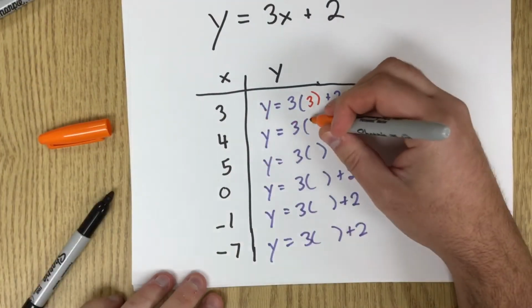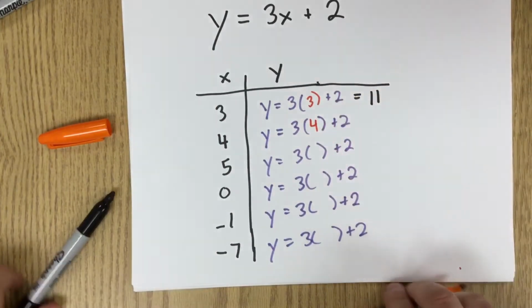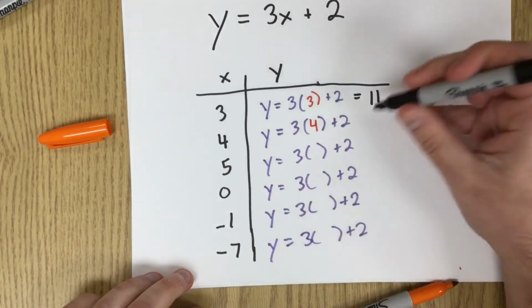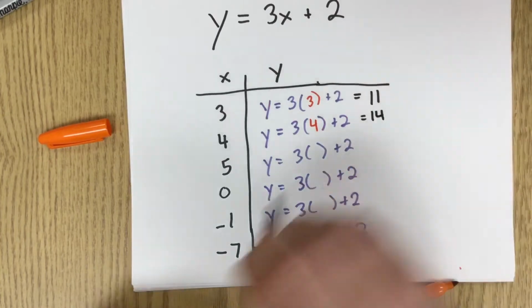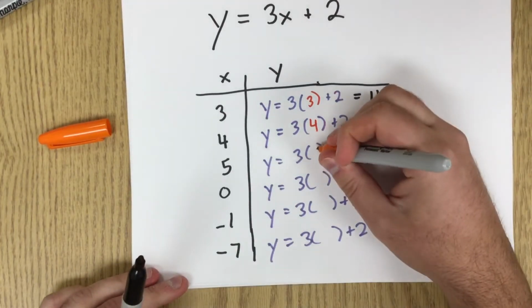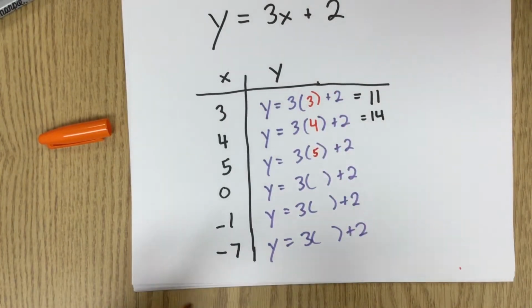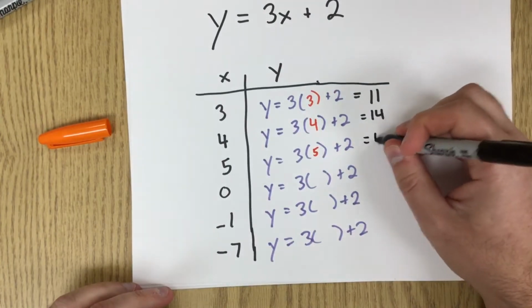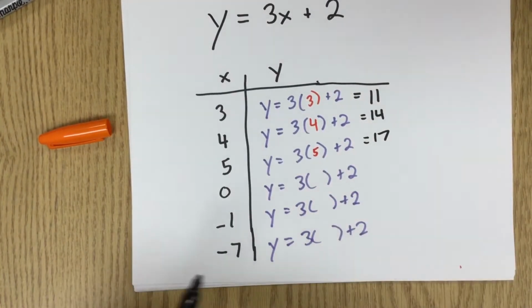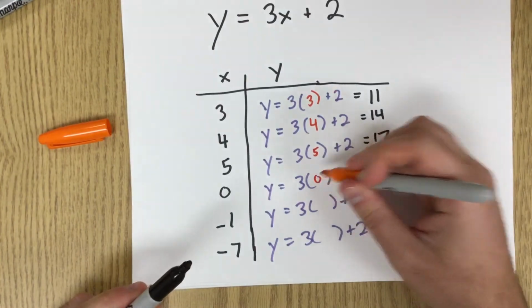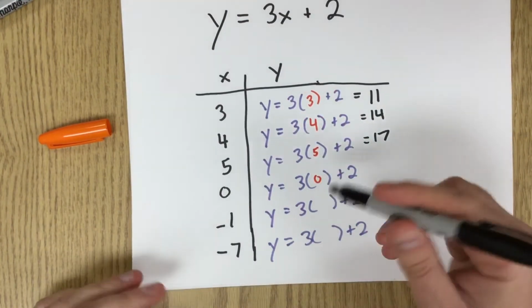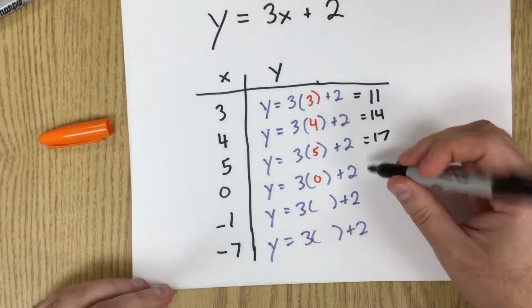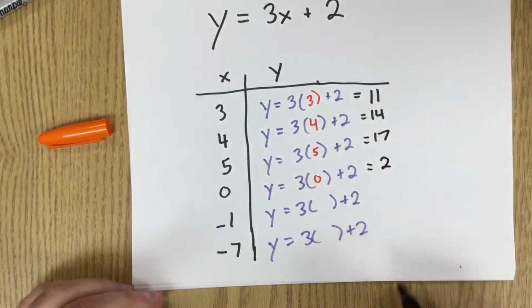So here we're going to sub in a 4, and then 3 times 4 is 12, 12 plus 2 is 14. Sub in a 5, 3 times 5 is 15, 15 plus 2 is 17. Here we're subbing in a 0, 3 times 0 is 0, 0 plus 2 is 2.